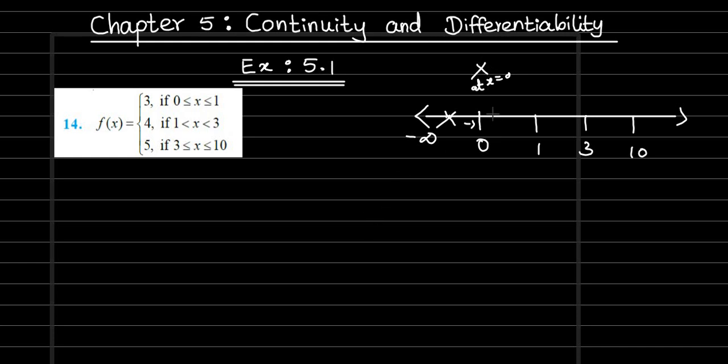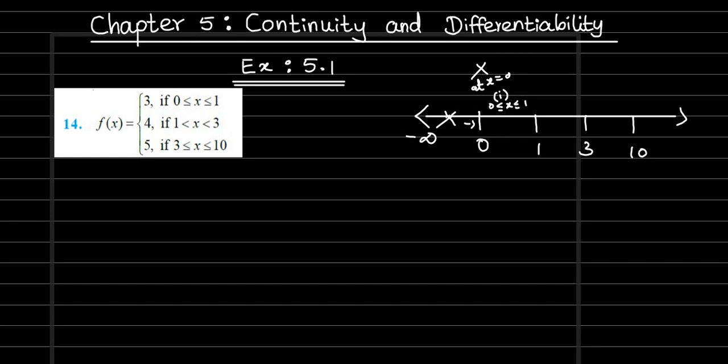Here you can see one interval, 0 to 1. Do we have a function for the values which lie between 0 and 1? Yes, that means we have to check. So case 1 is we have to check the continuity for this particular interval, if x lies between 0 and 1. Between 0 and 1 we have infinite real values, and it's not possible to check them one by one, so we can use a common name.